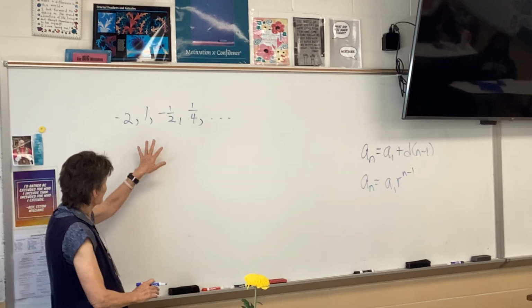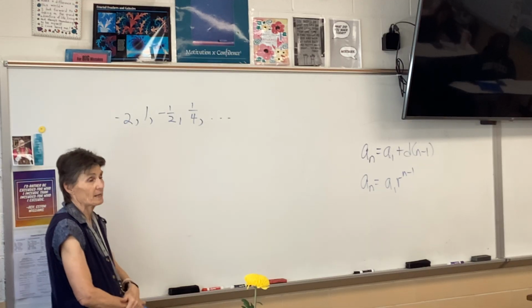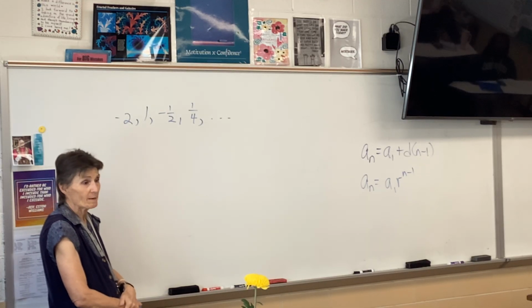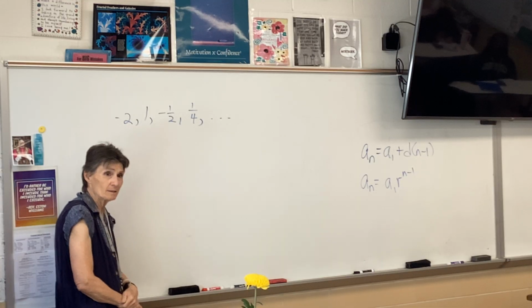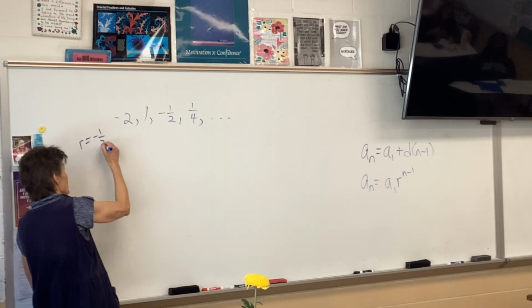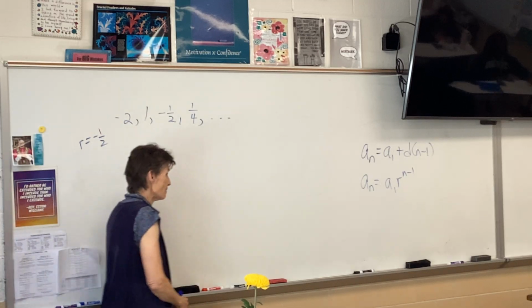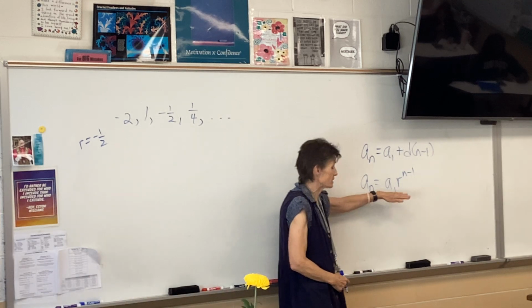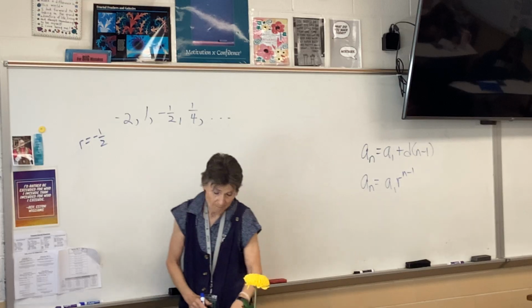Now, the question says, what kind is it? Well, what do you think? Look at those terms. What seems to be happening? Geometric. It looks like we are multiplying by -1/2. We call this ratio. If we have a geometric sequence, then this will be our explicit formula.